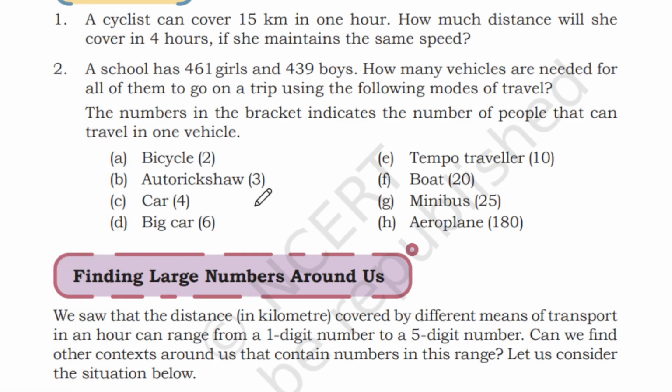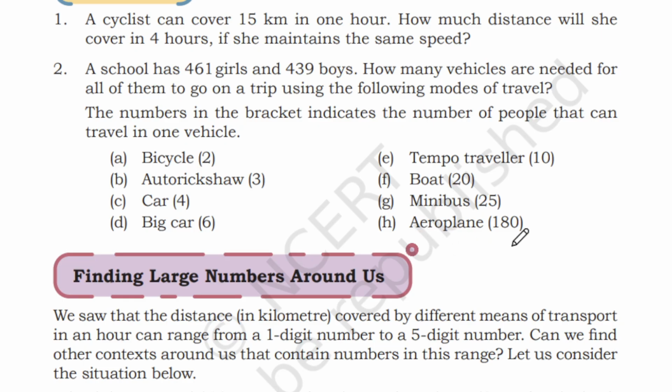What we discussed in that video: a school has 461 girls and 439 boys. How many vehicles are needed for all of them to go on a trip using the following modes of travel? We have bicycle, auto rickshaw, car, big car, tempo traveler, boat, minibus, and aeroplane.